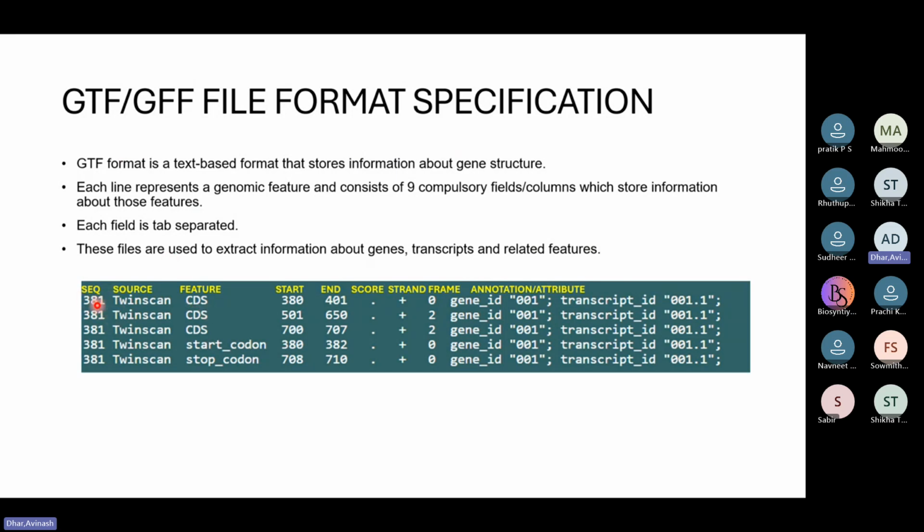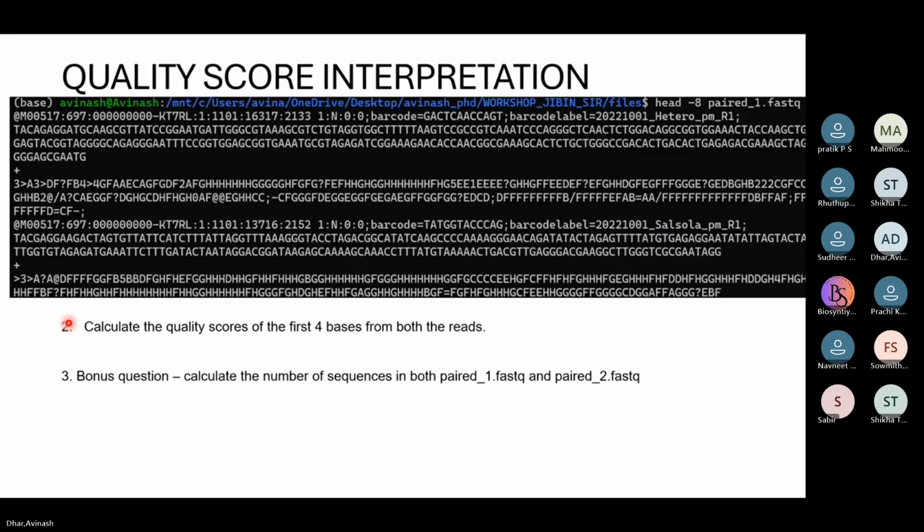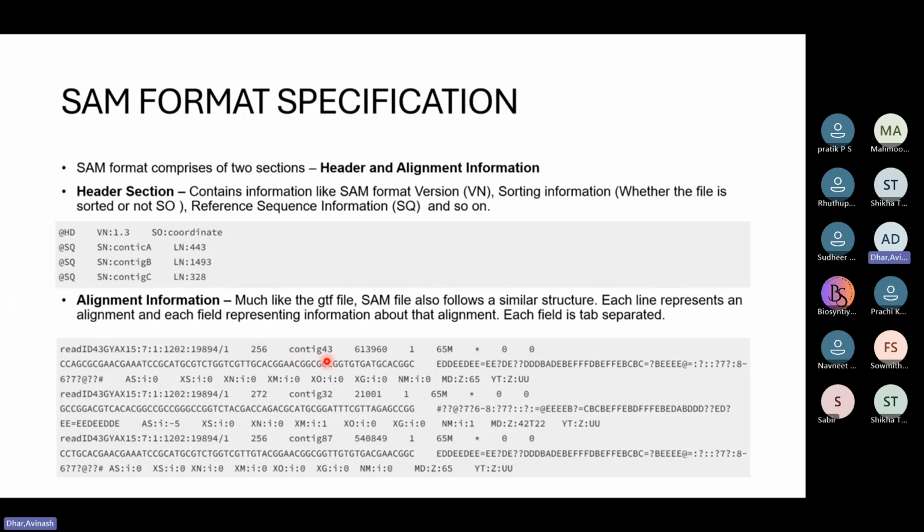So if it would have aligned to chromosome 381 or in this case chromosome 1, here you would have seen 381 or 1 depending on which chromosome it would have aligned to. Does it make sense now? Yes, sir. So this is for the read and this is for the reference. Okay.